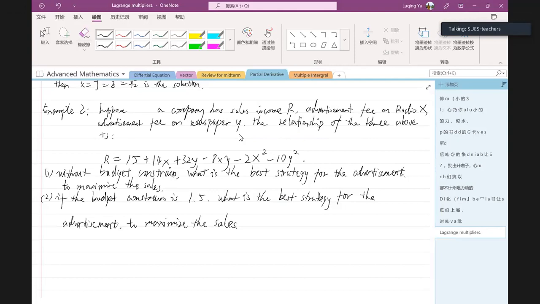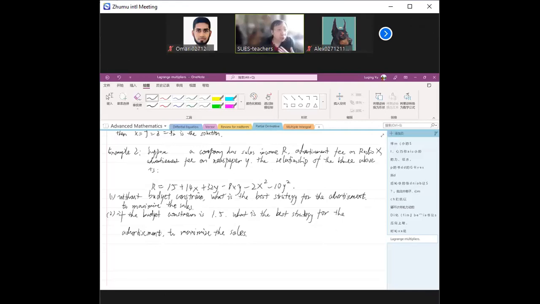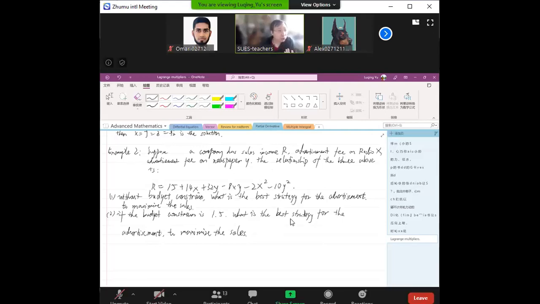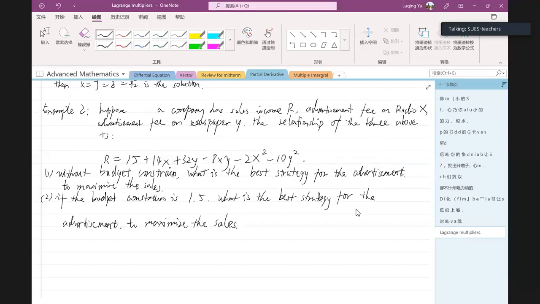So what is the best solution? It is the best combination for the newspaper and the radio. However, most companies don't have enough budget to do the advertisement, so you have to find a local maximum or local minimum within the constraint.